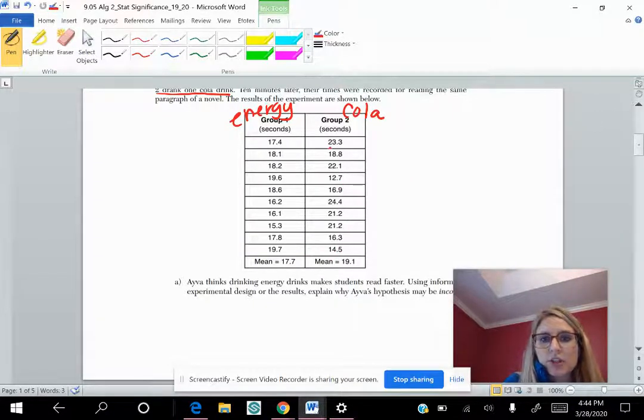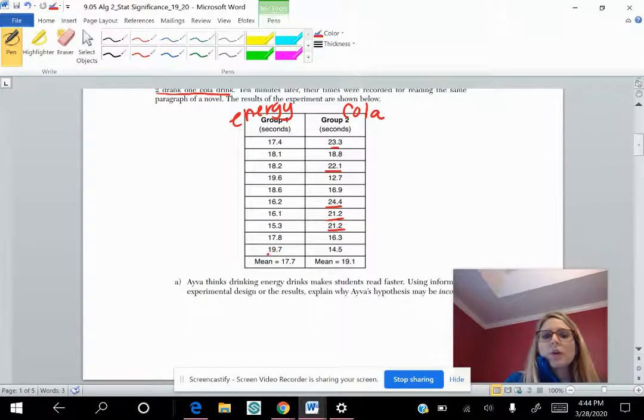So, looking at 23.3, well, that's higher than all of the ones that had the energy drink. 22.1 is also higher. 24.4 is also higher. 21.2, 21.2. None of these even get up that high into the past 20 seconds. It looks like the highest here is 19.7.